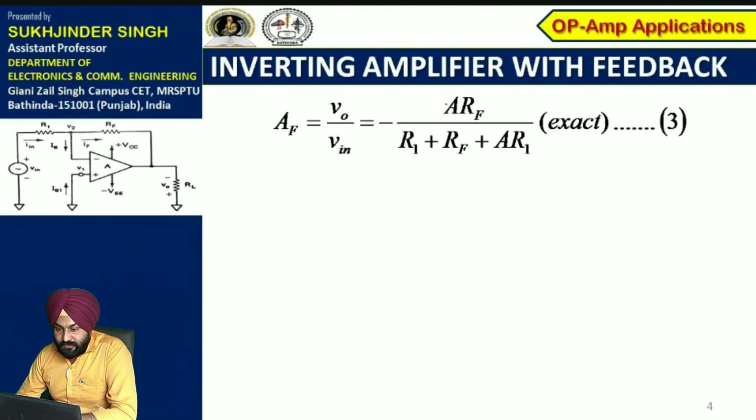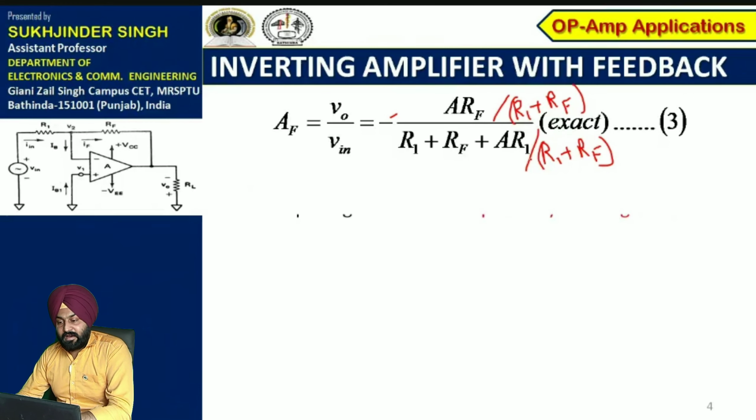In this equation, the result was minus ARF divided by R1 plus RF plus AR1, with a negative sign. So we have to multiply and divide equation 3 by R1 plus RF.